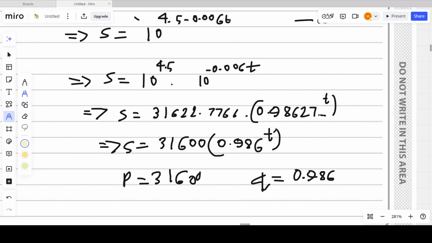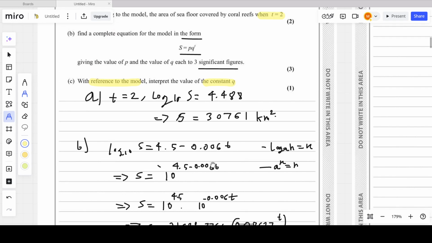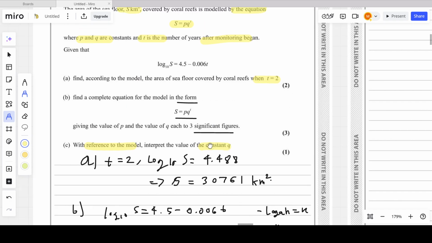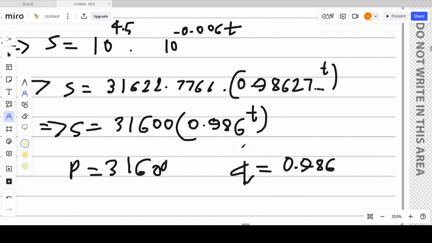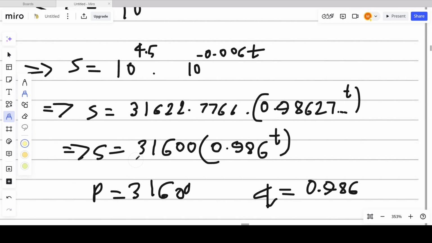If you consider t equals 2, it will be 0.986 squared. The value of t represents the time in years. So after each year, the constant p remains as it is, but after each year, like if t equals 1, 2, 3, the constant p gets multiplied by 0.986, right?